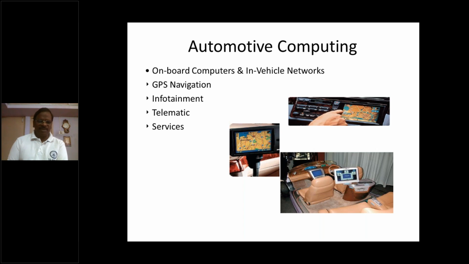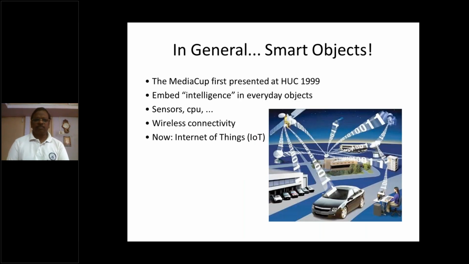Infotainment and telematic services are mostly button oriented. Patients' beds are available, and auto adjustment is available. In general, we utilize smart objects and control them. We can control everything through a satellite.